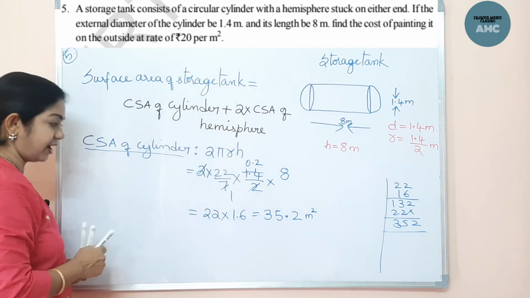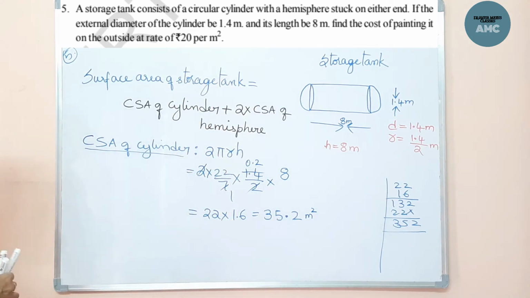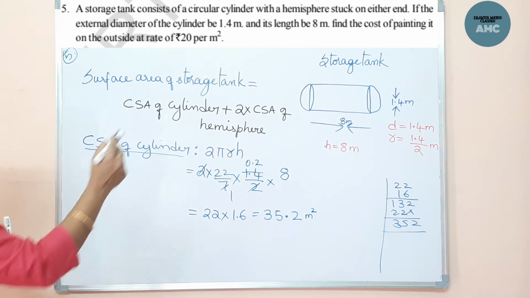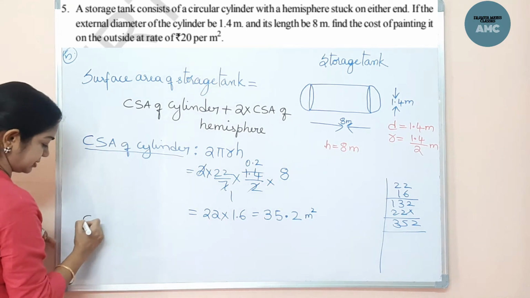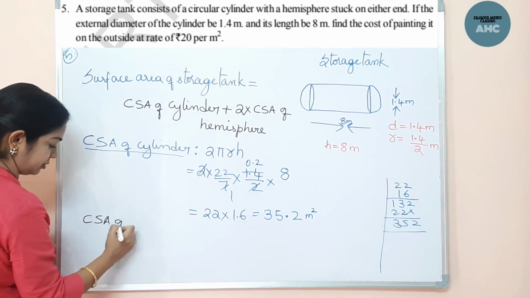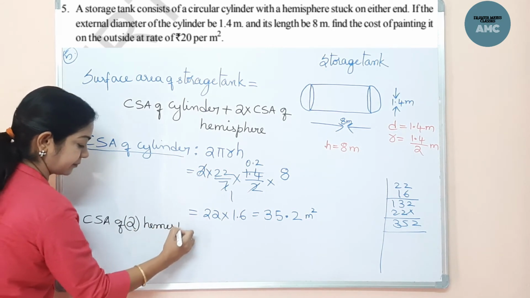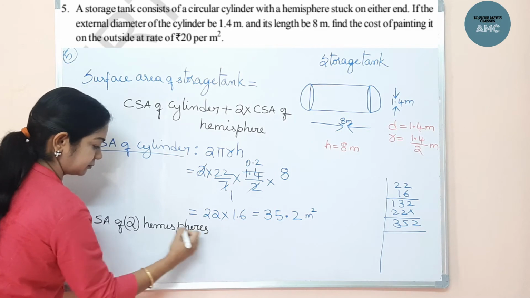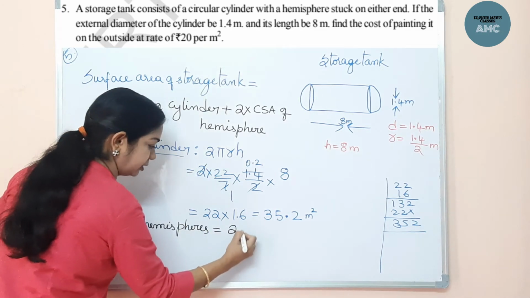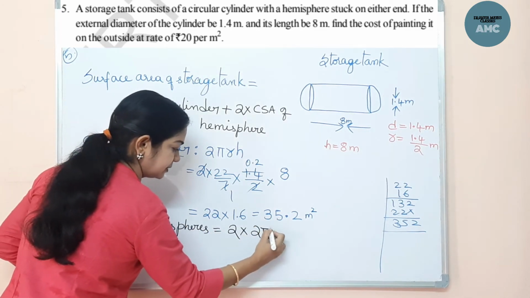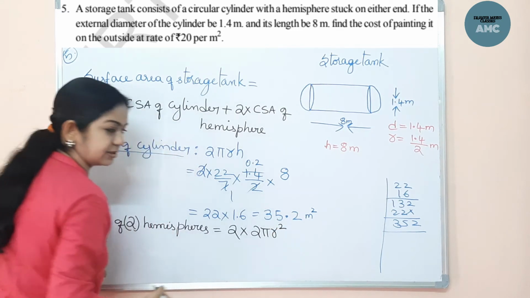Now next I'll find the CSA of the hemispheres. I have to find the CSA of 2 hemispheres. So let me write 2 into the hemisphere formula, CSA is 2πr².